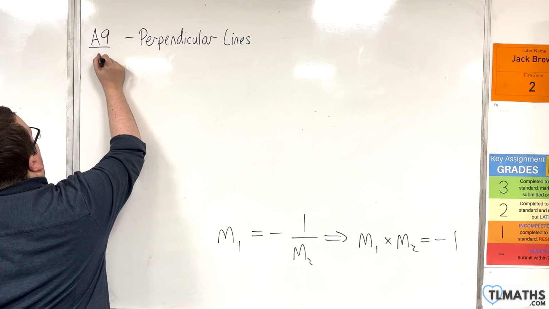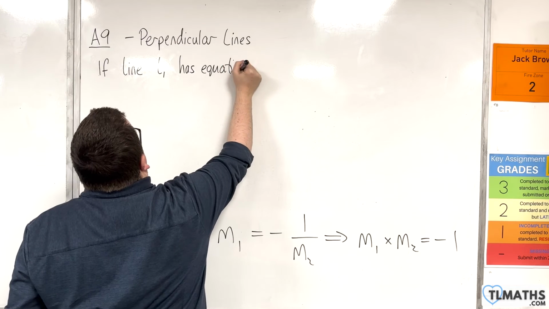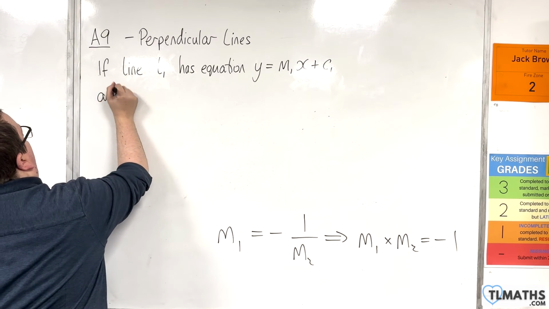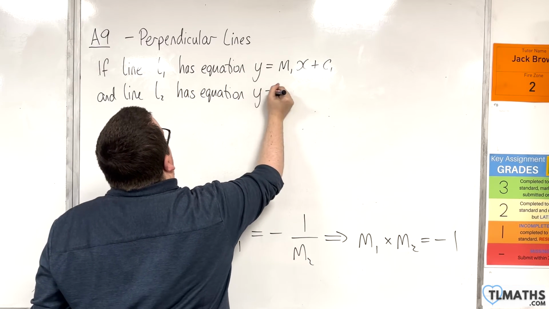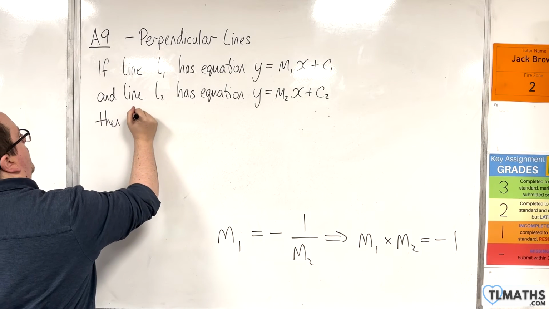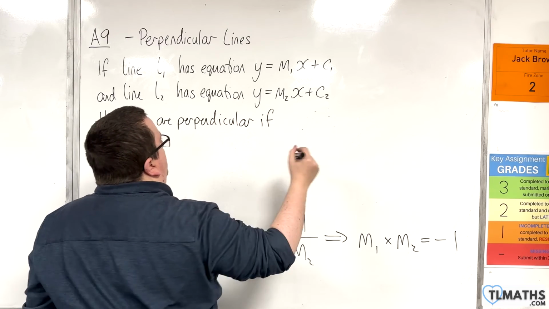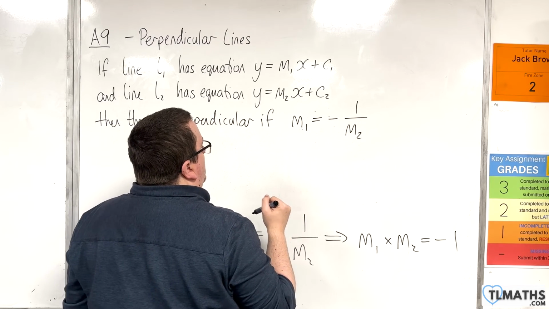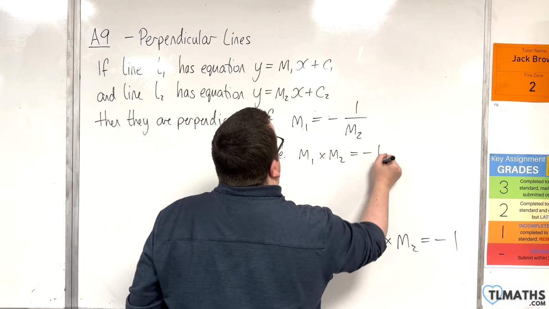So if line L1 has equation y equals m1x plus c1, and line L2 has equation y equals m2x plus c2, then they are perpendicular if m1 is equal to minus 1 over m2, i.e. m1 times m2 is equal to minus 1.